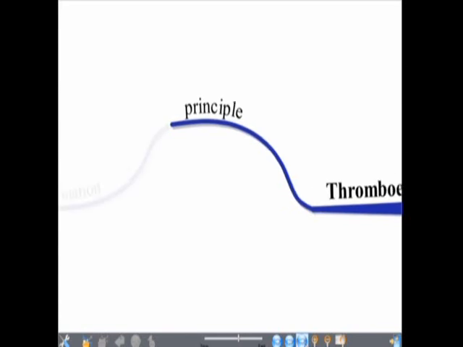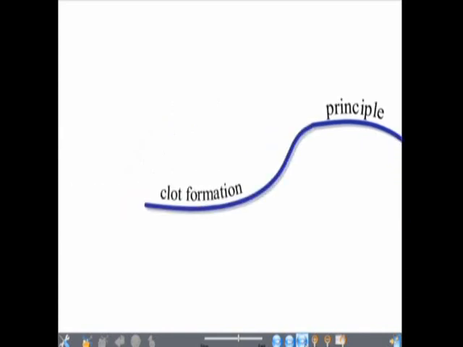But the principles obviously are the formation of clots, the intrinsic and extrinsic pathway. I'm sure you know all about that stuff.